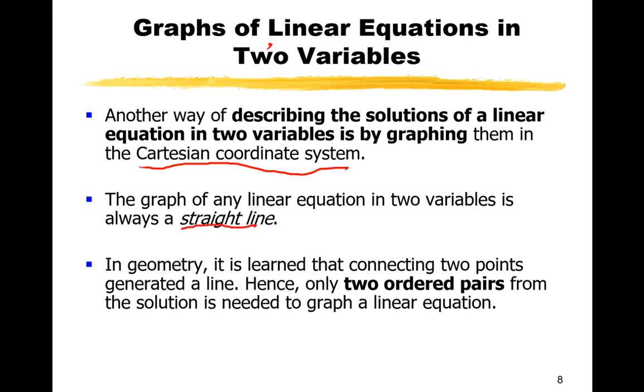And from our geometry, nalaman natin na kailangan lang nating mag-identify ng dalawang points in order for us to generate a line. Dalawang points lang. So, ibig sabihin, dalawang ordered pairs lang. Kahit dalawang ordered pairs lang ang ma-determine natin, kayang-kaya na rin nating ma-graph yung linear equation natin.